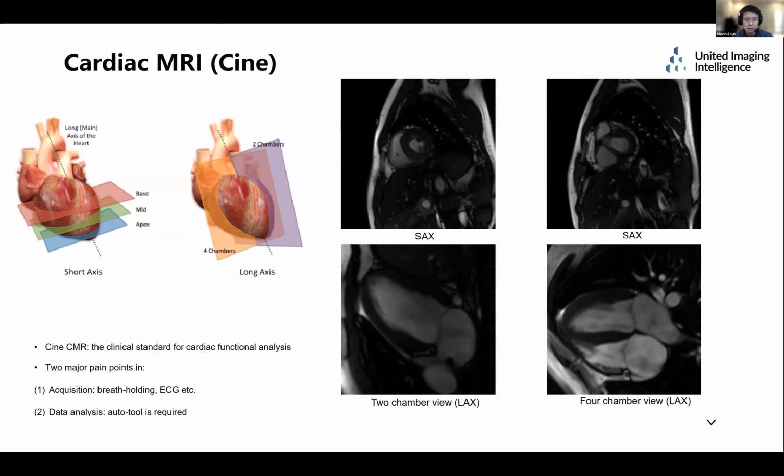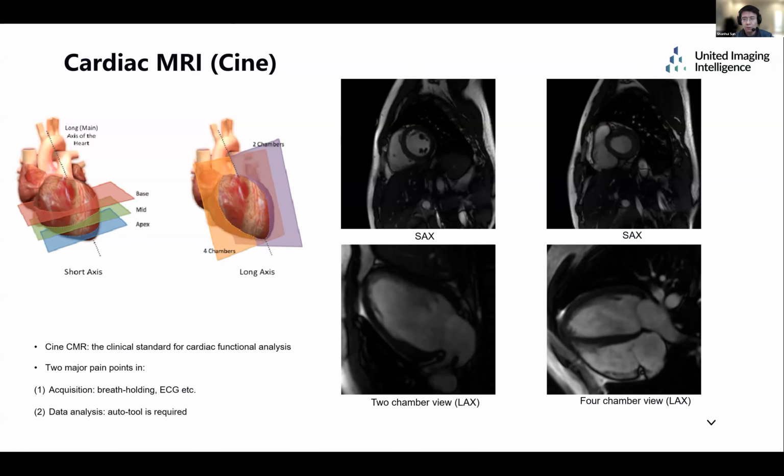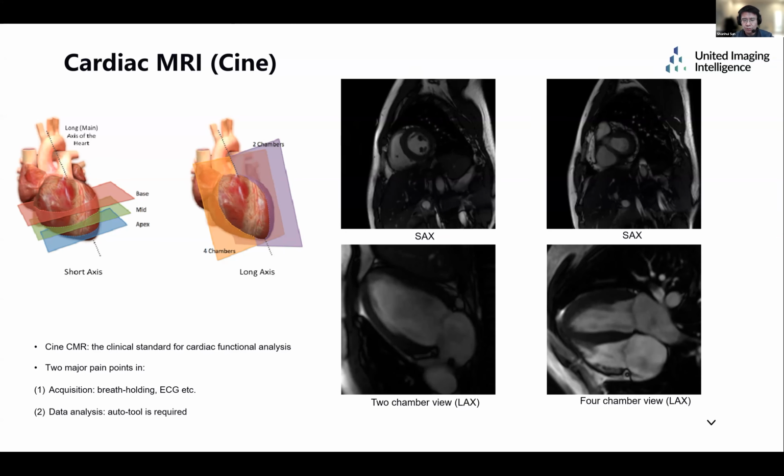Especially, they have to hold their breath for quite a long time and several times in order to get rid of motion artifacts. And since those data are video data, the ECG signal is also utilized to gate the acquisition. In the next slides, I will talk about more details of those acquisition problems.